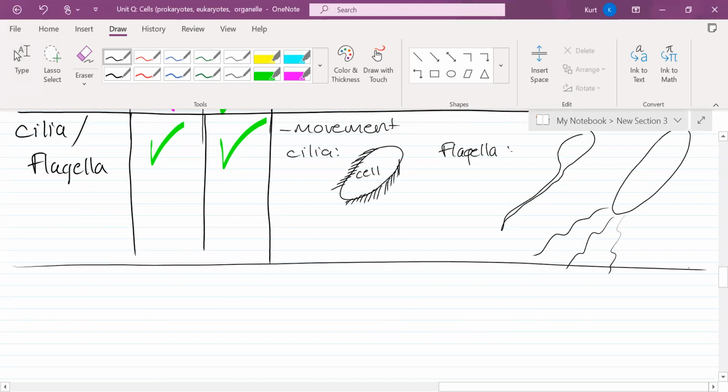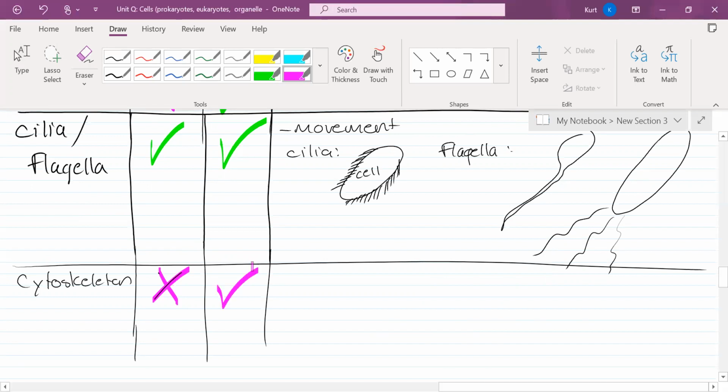All right, and I believe this is the last one, cytoskeleton. There is some research that some scientists say they found it in a prokaryote, but for now we're going to say no because it's still early research.